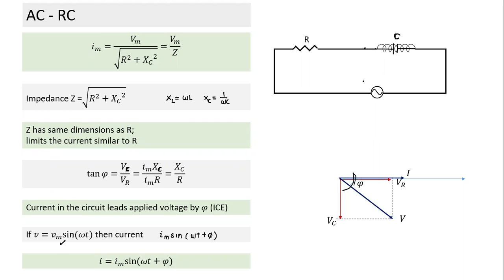There is the applied voltage, the voltage across the resistor, and the voltage across the capacitor. The voltage across the capacitor will also vary as a sine function, and the current will also vary as a sine function. Are these two in the same phase? No, sir. So the phase of VC will depend on this term compared to the phase of I.